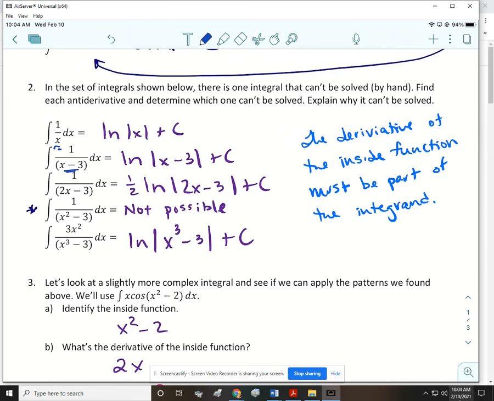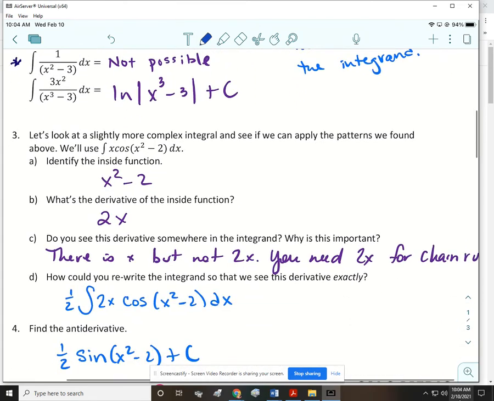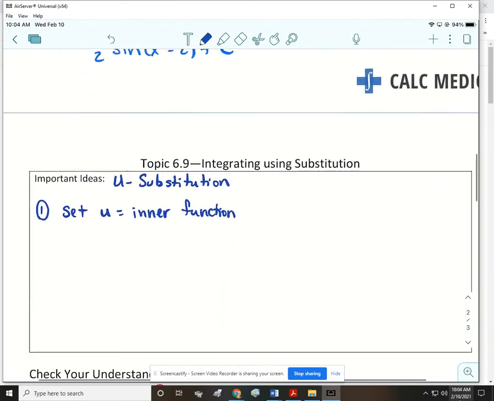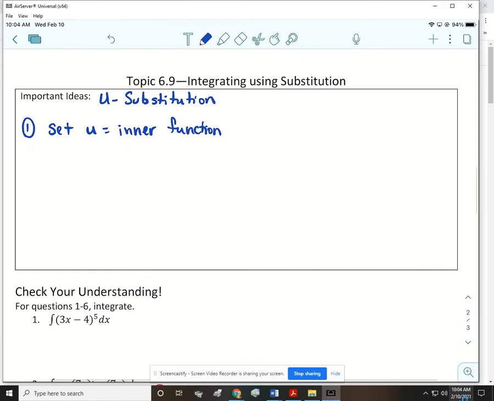But if it's an expression where there's an inner function that's squared or multiplied by something, then you are going to need to do U-Substitution. Then the second step, we're going to find du dx, which is the derivative of u with respect to x, and then solve for du.